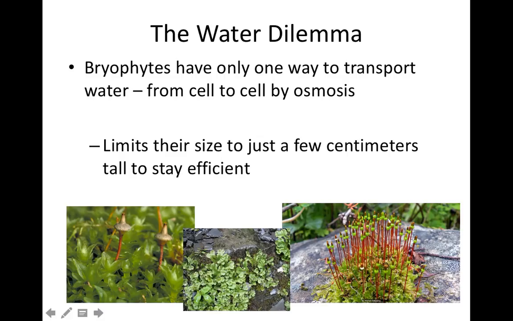If they grew any taller, then the tallest parts of the plant wouldn't be able to get water from the surrounding soil, or be able to reproduce, because water is needed for reproduction. So for a very long time, plants were primarily just this height and couldn't get any bigger.